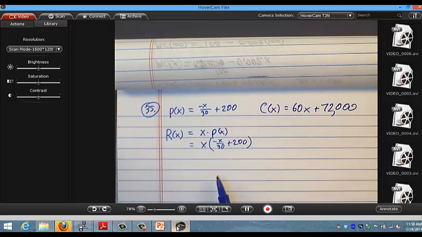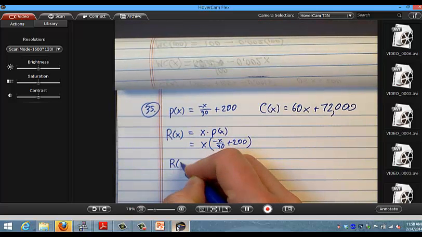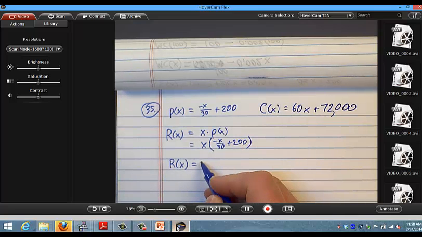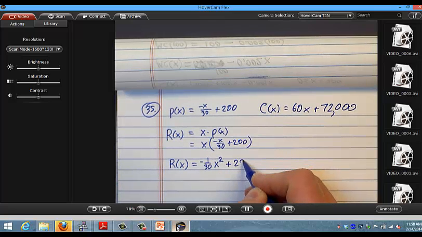Do you guys think I should simplify this? No. I mean, what am I going to do next? I'm probably going to be using it, right? I would simplify this one. Multiplying by X, isn't that easy? Why don't we rewrite the revenue function as, I'll distribute the X. So how about I write it as negative 1/30th X squared plus 200X.